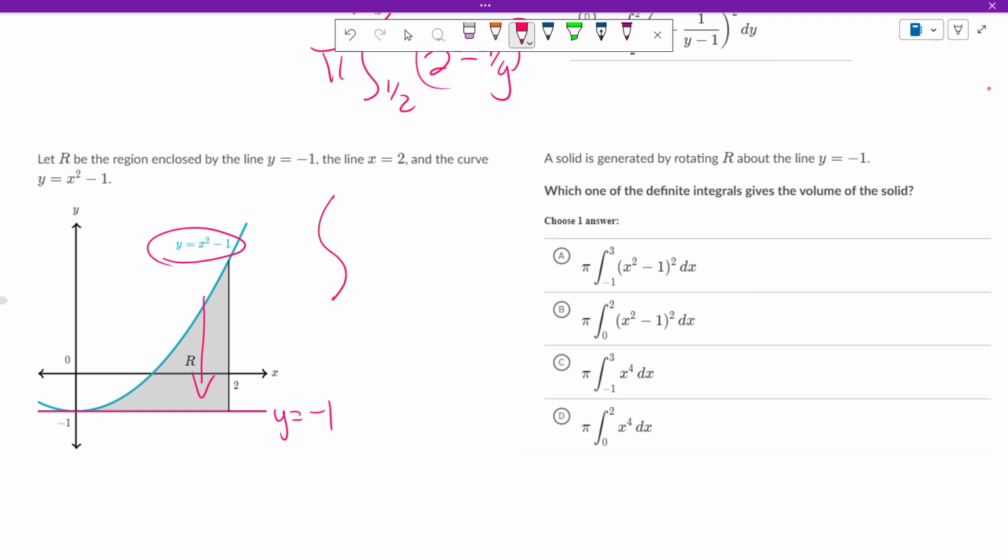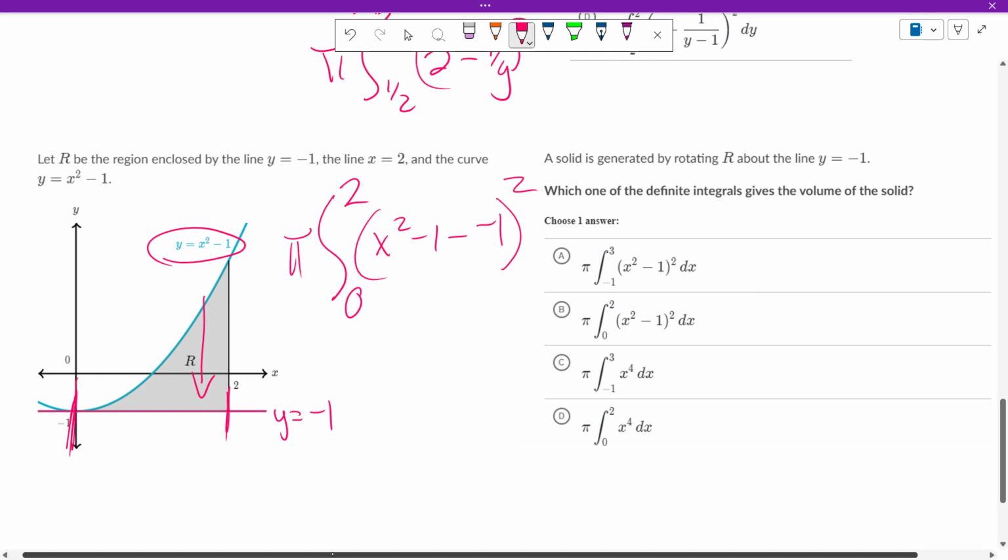So it's the integral from where to where? Where do we start? Now think, we're wrapping this way, so we go from the start to the end. So in the x direction, 0 to 2, of the top, x squared minus 1, minus a -1, squared, with a pi in front.